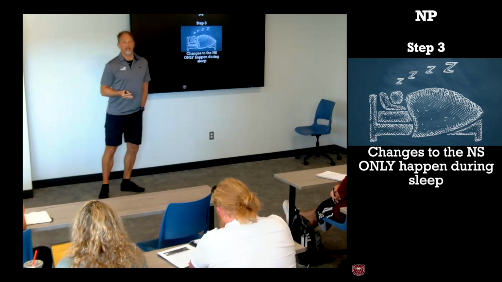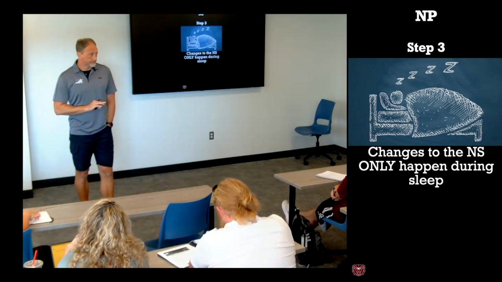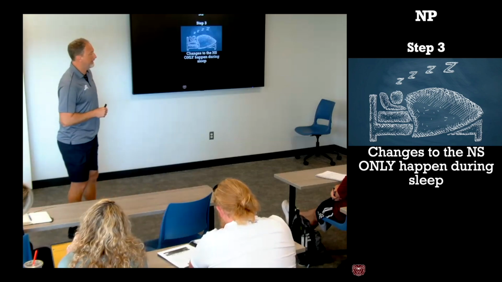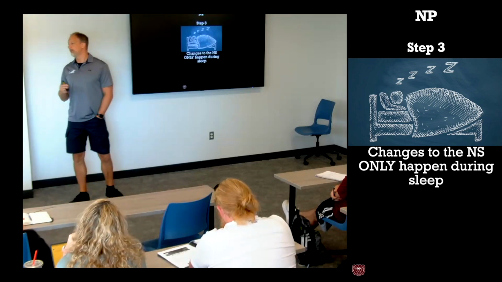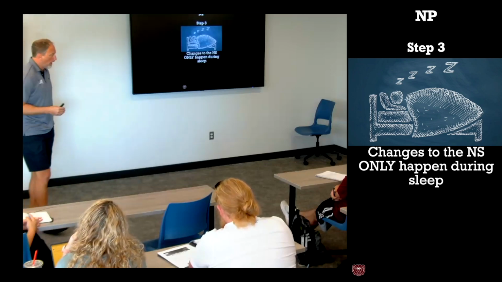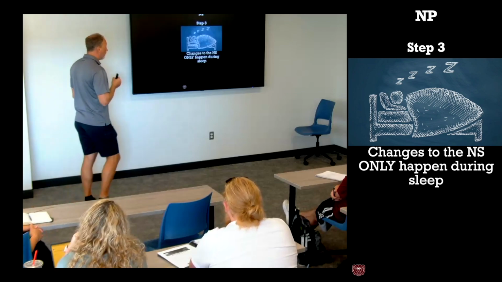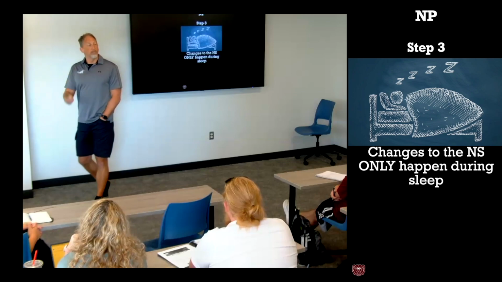We've started the process, but we haven't created any change. The actual neuroplastic change, the actual changes and shifts in our cortex, when our nervous system rewires itself and improves, it only happens when we sleep. The sleep is the test.